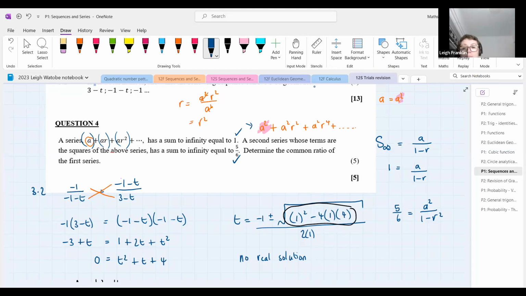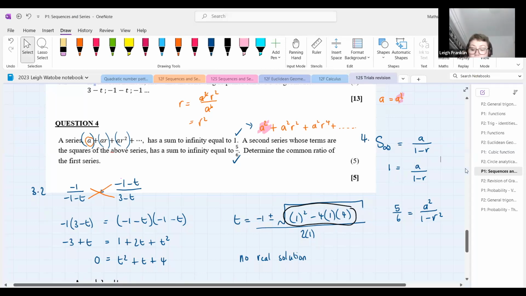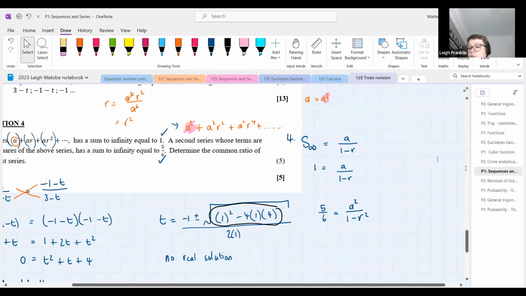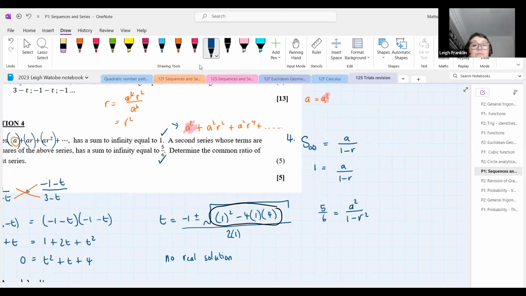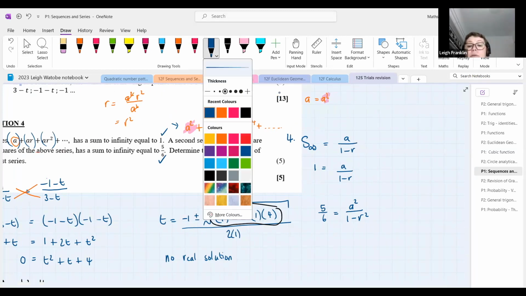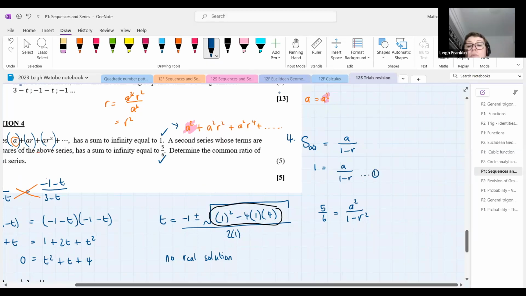Okay, so now what we have, sorry, this is question 4. So now what we have, let's just scooch over just a little bit, are 2 equations. Here is equation number 1, and here is equation number 2.